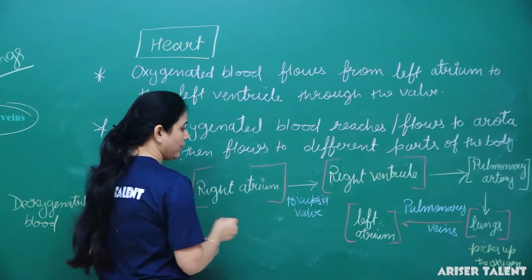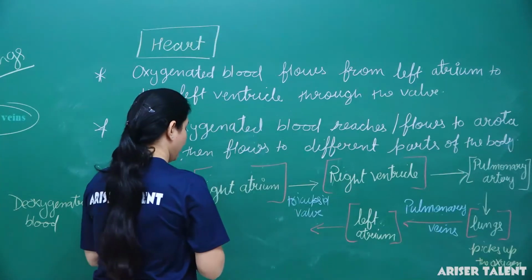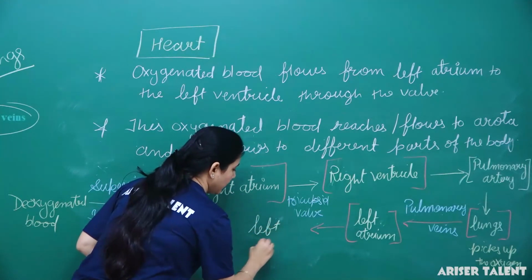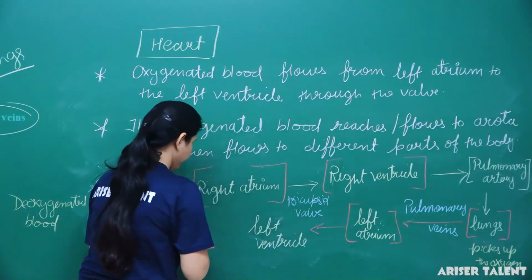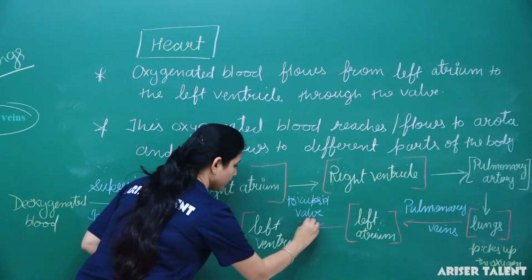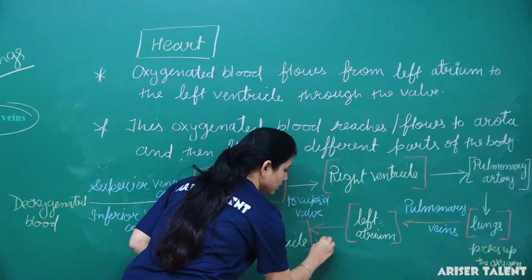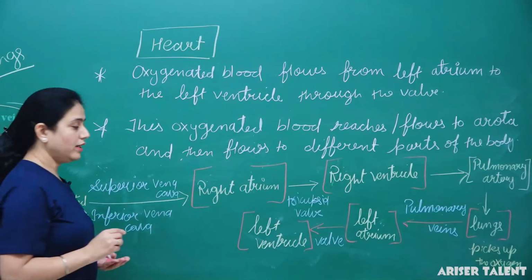Then from the left atrium it moves to the left ventricle through the valve, because the valve allows the flow of blood only in one direction.